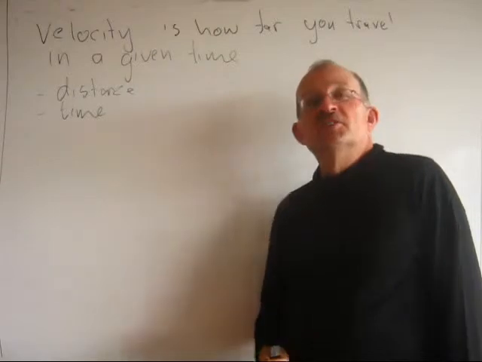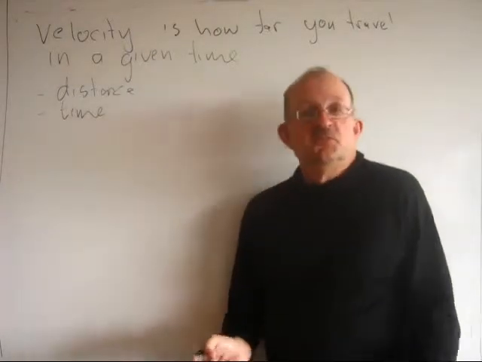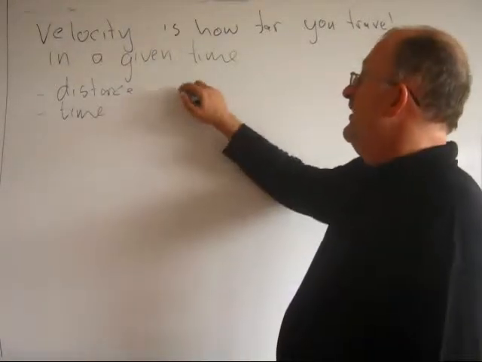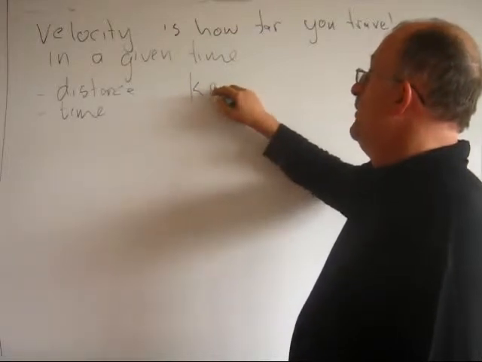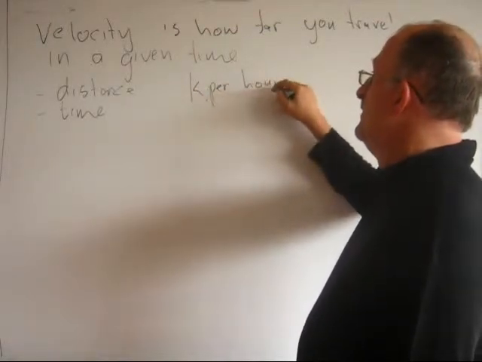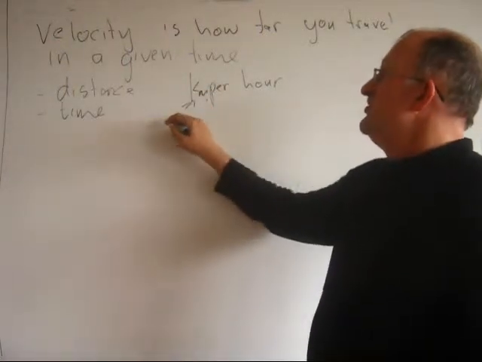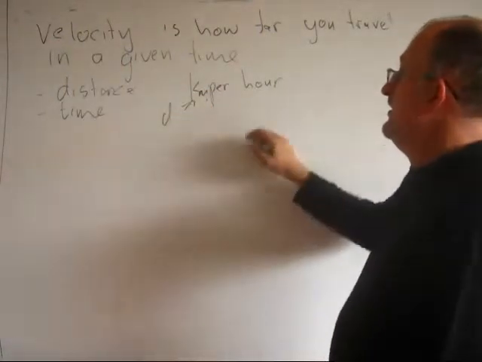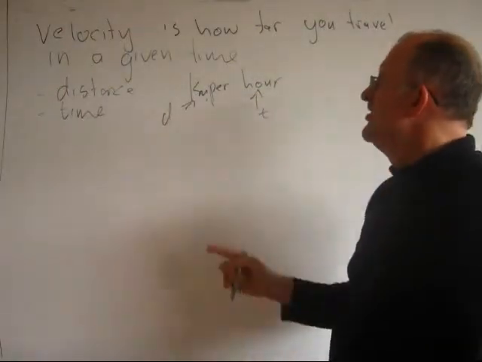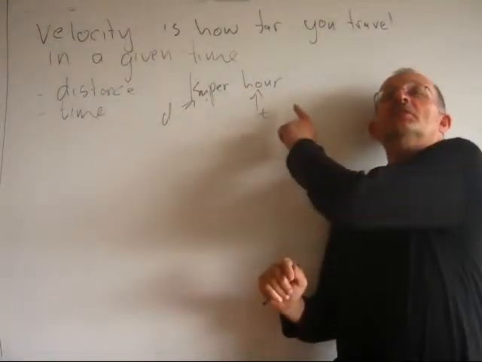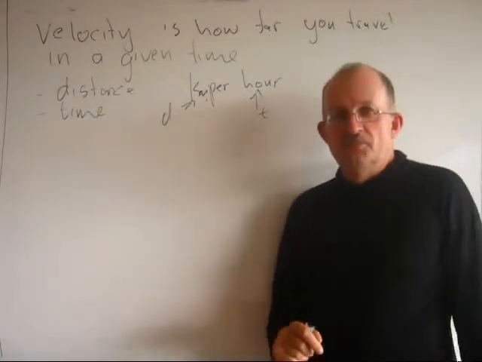Some of the common units that people are used to, if you've ever driven a car, is kilometres per hour. Kilometres is a distance, and hours is a time. So this is the amount of distance you go in a given time.